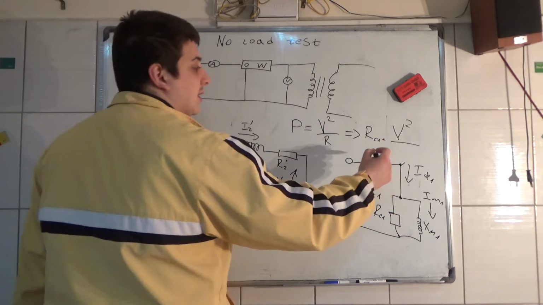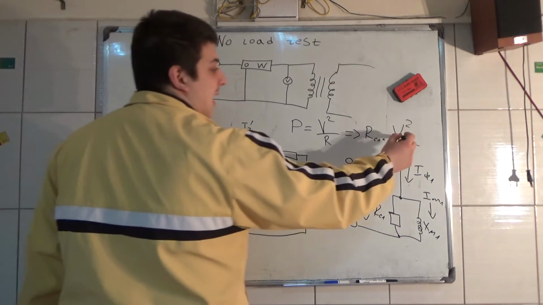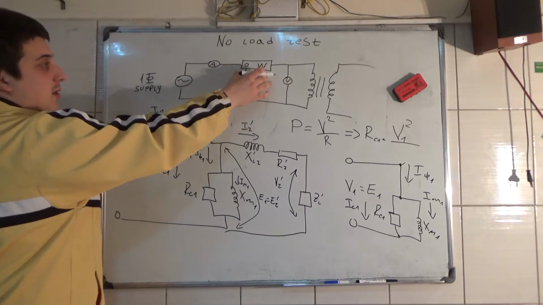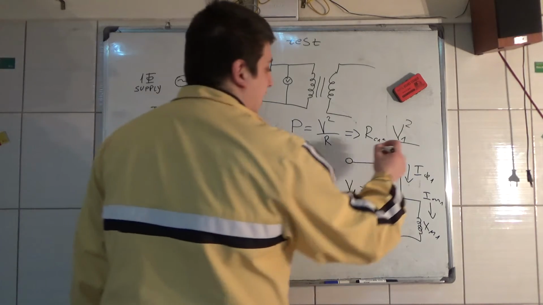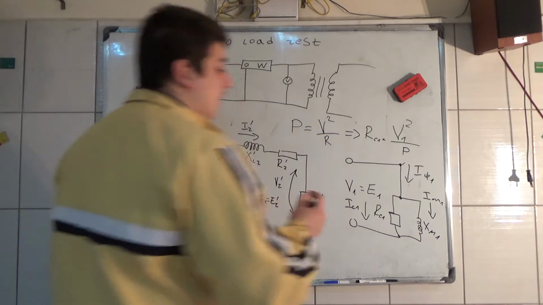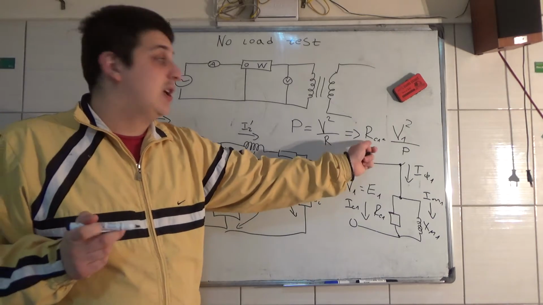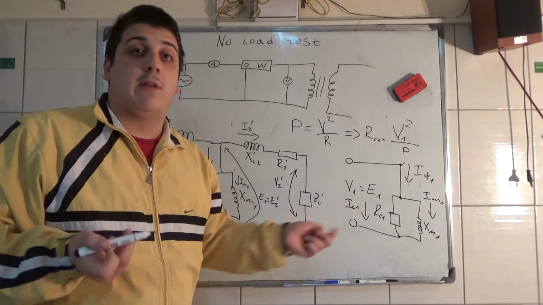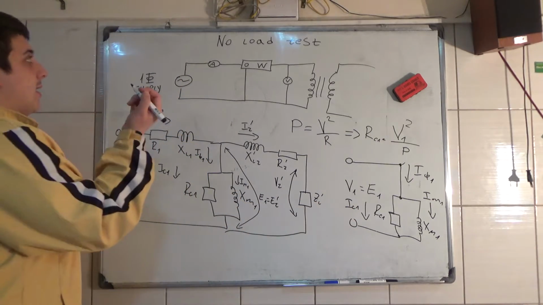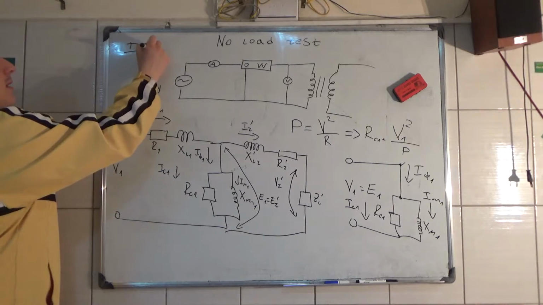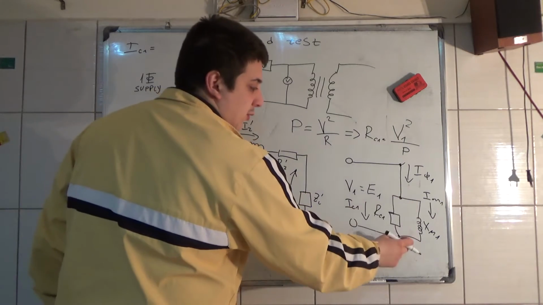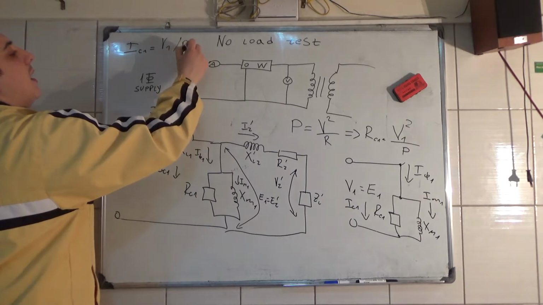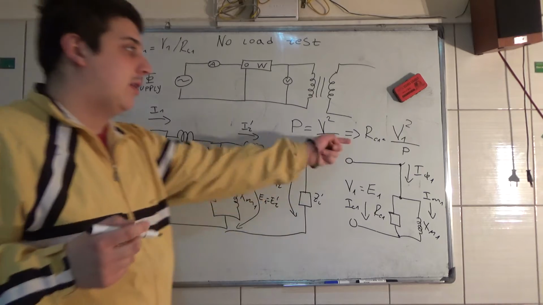So you get that RC1 is equal to the supplied voltage squared divided by the measurement of this wattmeter. Now you calculated the resistance of the core loss. How can you calculate the current? By Ohm's law, IC1 is equal to the voltage from here to here, V1, divided by RC1. And you calculated RC1.